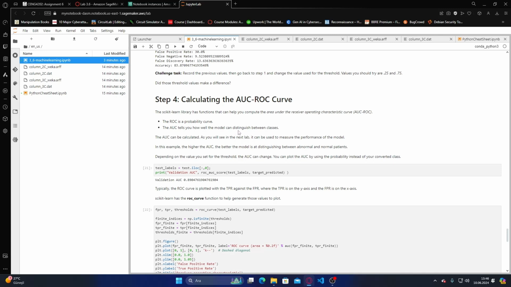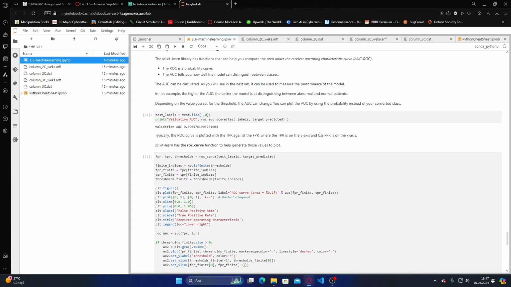Calculating the ROC AUC, the scikit-learn library has a function that helps you compute the area under the receiver operating characteristic curve. The ROC is a probability curve. AUC tells you how well the model can distinguish between classes. The AUC can be calculated, as you will see in the next step. It can be used to measure the performance of the model. In this example, the higher the AUC, the better the model is at distinguishing between abnormal and normal patients, depending on the values. The threshold can change, and probably instead of converted classes.